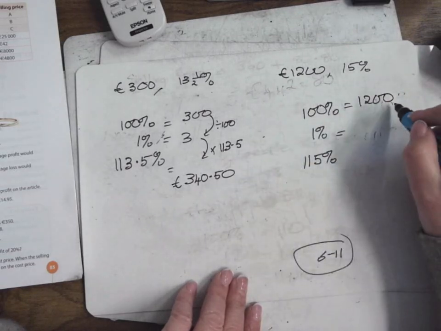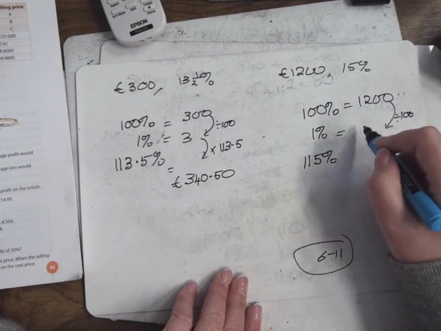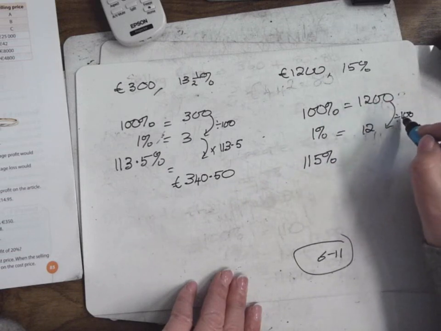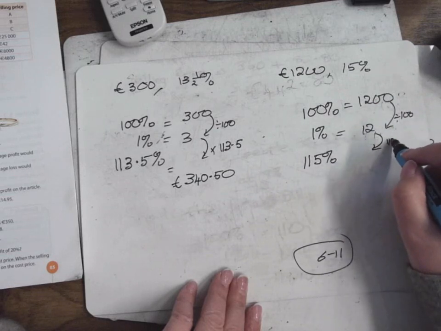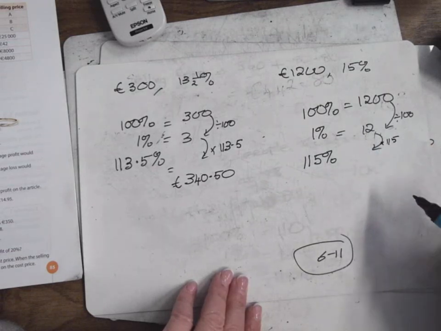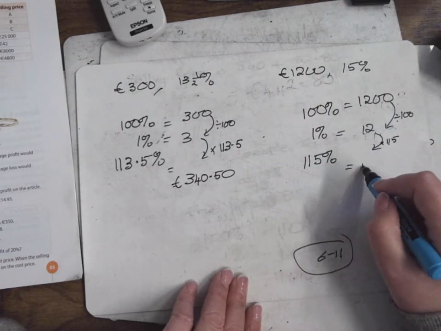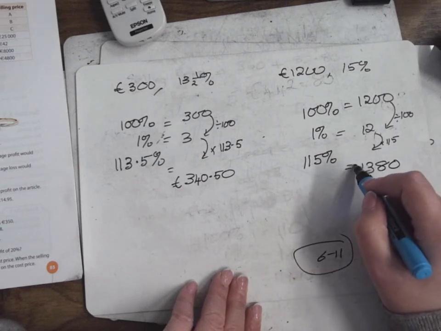To go from 100 down to 1, I divide by 100, which is 12. 1,200 divided by 100 is 12. And then to go up to 115, I multiply by 115. So 1380. Okay. Is that right?